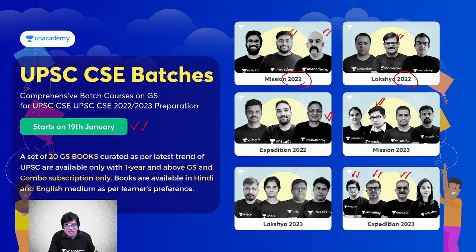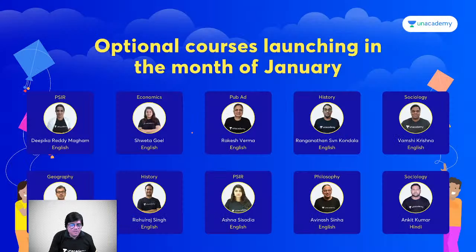A whole lot of great mentors are now there, and you can choose and attend the classes. All you have to do is register yourself for the subscriptions at the earliest possible time.